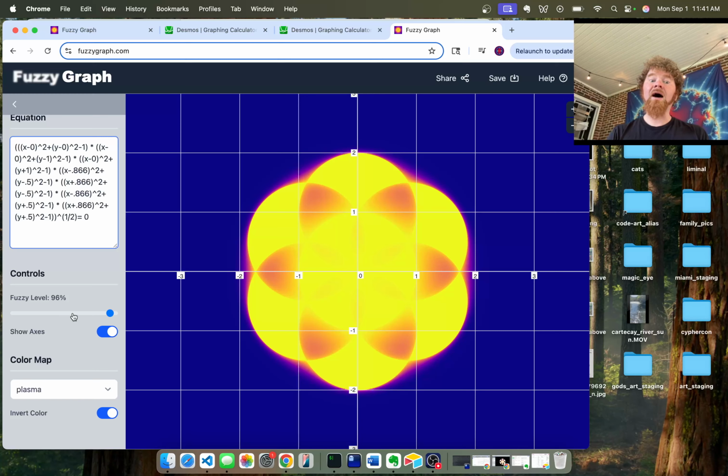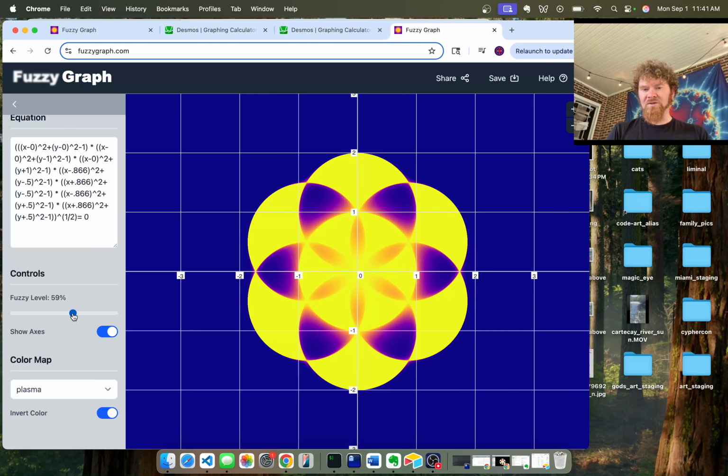So let's turn down the fuzz now, to use a technical term. And there we go. Now you see it's just kind of interesting that you still have some of this glow, especially on the inner part.